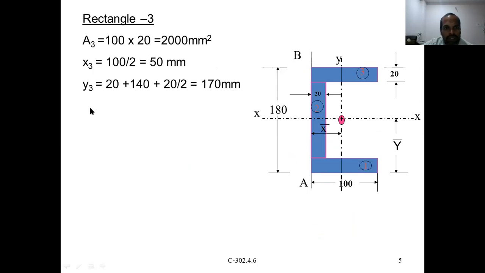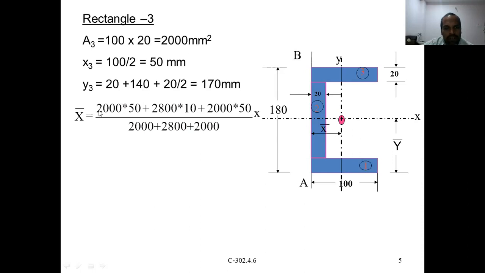Now you have the values. y1, y2, y3 are not required. Don't get confused, because the section is symmetric about the x-axis, y bar is not required. Directly we can calculate y bar as half of the distance, 180 by 2, which we have already calculated.